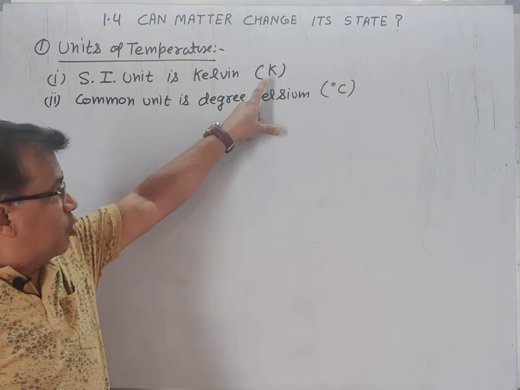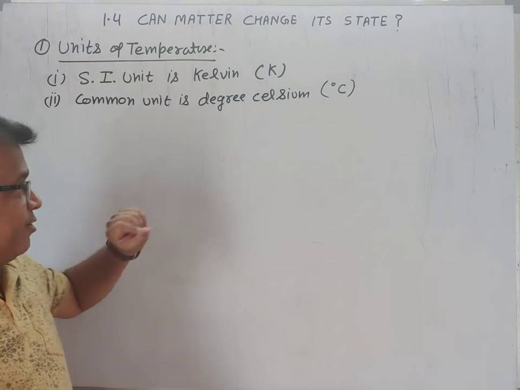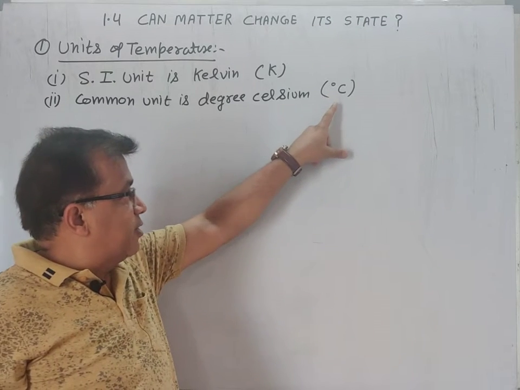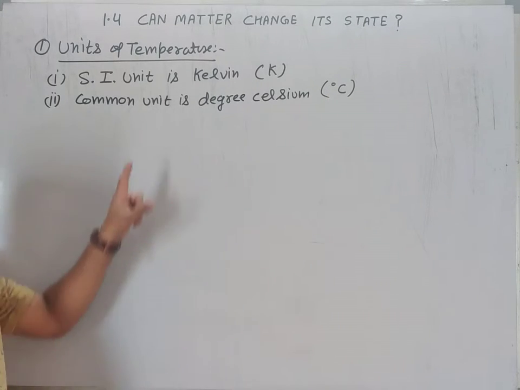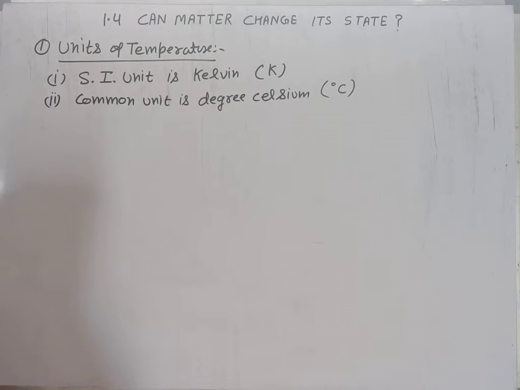Remember, degree is not placed with K, that is Kelvin, and degree is placed with Celsius. So SI unit of temperature is Kelvin and common unit of temperature is degree Celsius.